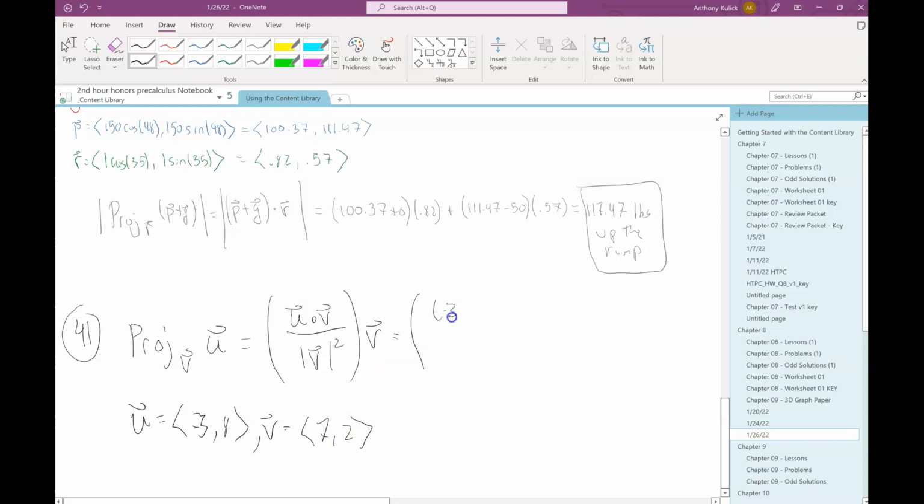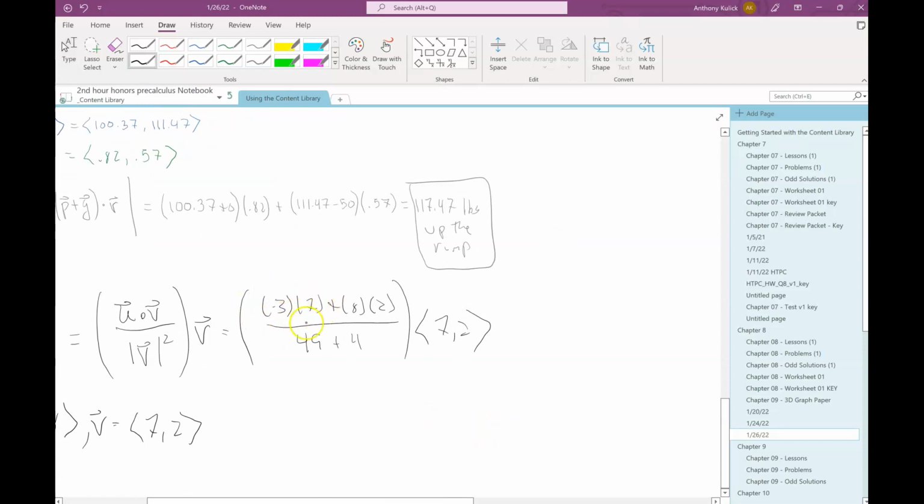So the dot product is -3 times 7 plus 8 times 2. The magnitude of v squared is 49 plus 4. And I didn't worry about the square root because it just cancels with the squared. And then times that vector, 7, 2.